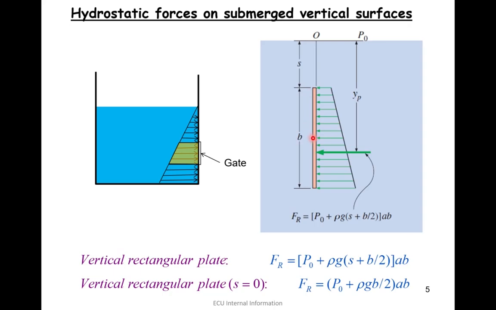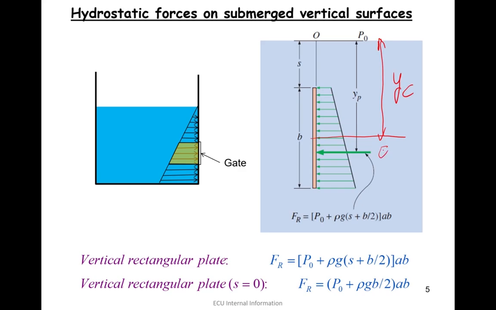We know the centroid in the view that we have is halfway through if it is rectangular or a square. The center of pressure would be below that. The center of pressure is always below the centroid of the surface. We show the centroid halfway here as YC, and this would be YP.